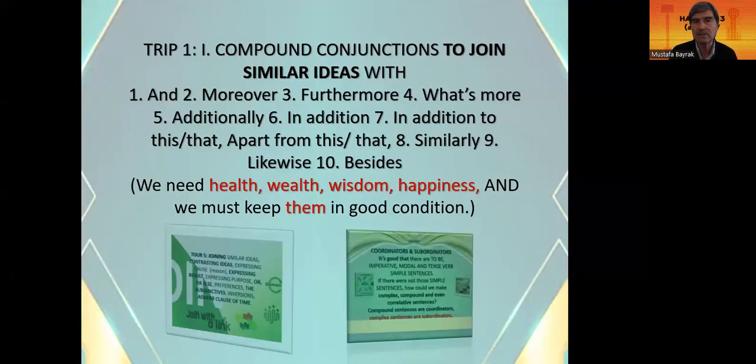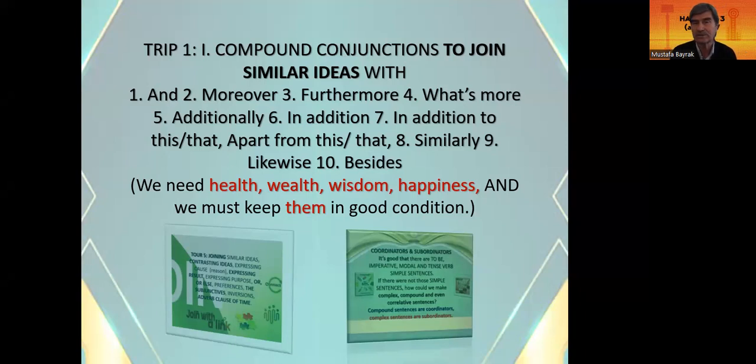We need health, wealth, wisdom, happiness, and we must keep them in good condition. Do you see that both of them are independent clauses, main clauses? But they form one. They have developed into one sentence as a compound sentence.